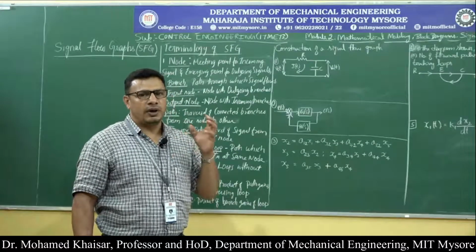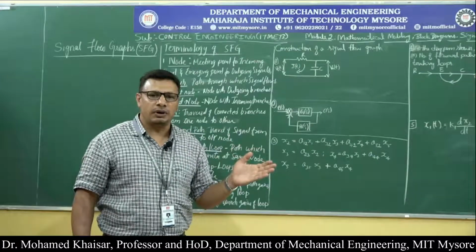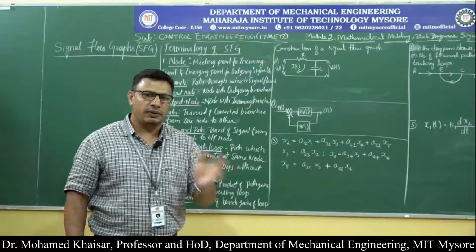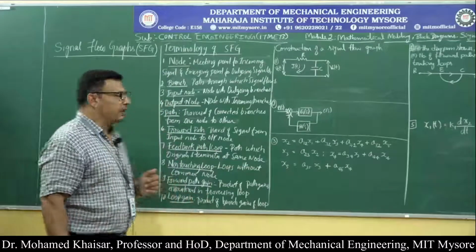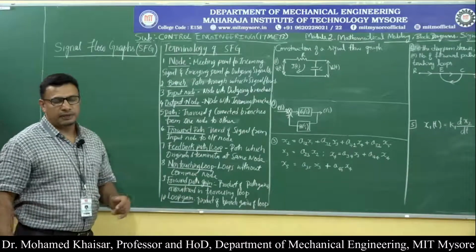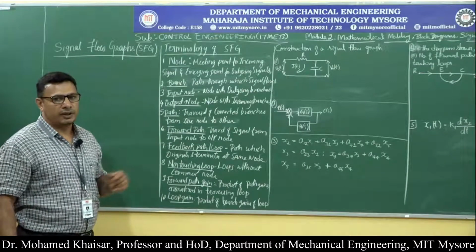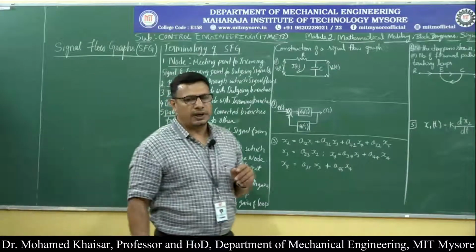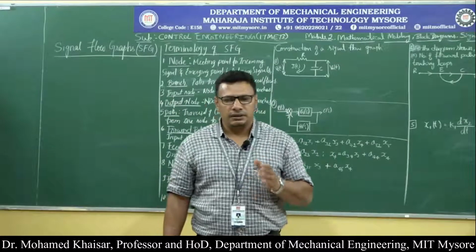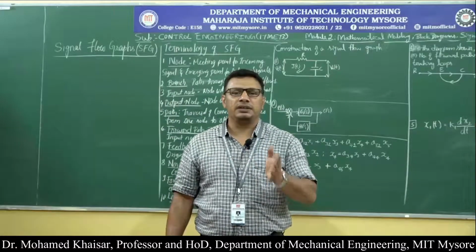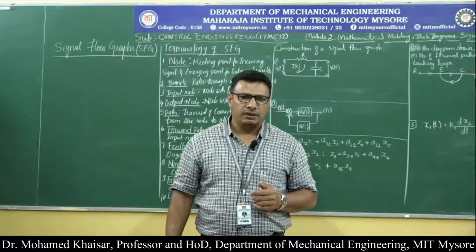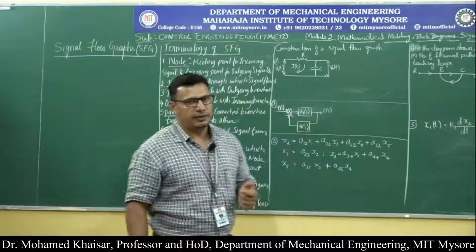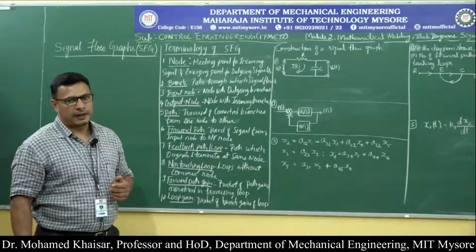This method is known as signal flow graphs, acronymed as SFG. What are these signal flow graphs? They are defined as simultaneous linear algebraic equations considering the signals. If it is drawn, then the ultimate result will be the signal flow graph.